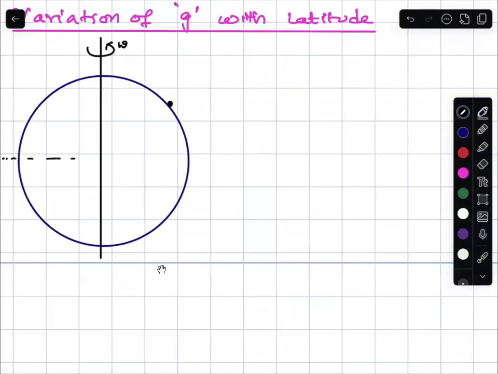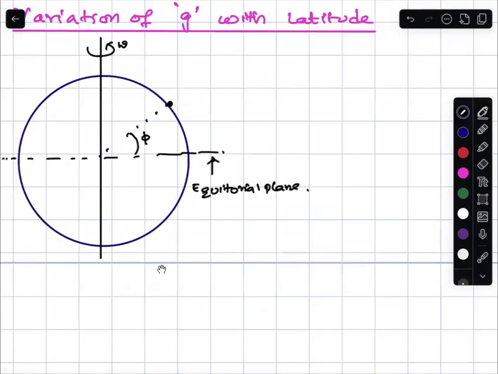Remember, this is called the equatorial plane. You are seeing a 2D diagram, actually it's 3D, so in that case it will become a plane. The radius to the point makes an angle theta with this plane. Correction, standard representation phi.